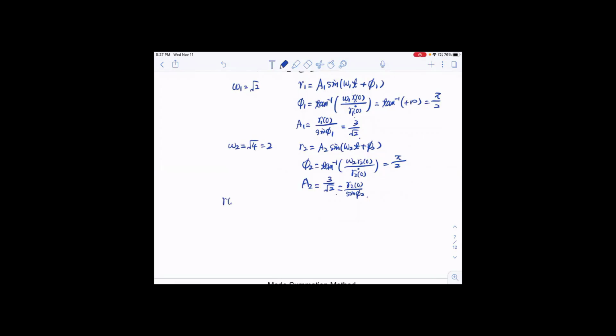You can plug R1 and R2 back and construct the new solution: 3 over square root of 2 sine(square root of 2 t plus half pi), and square root of 3 sine(2t plus half pi). If you don't like the half pi, you can actually convert it to cosine. So that's your solution in R domain.